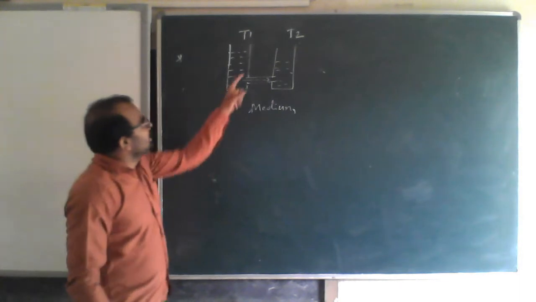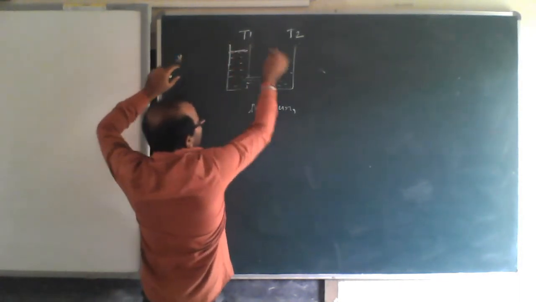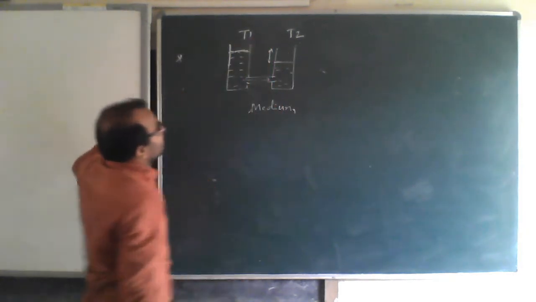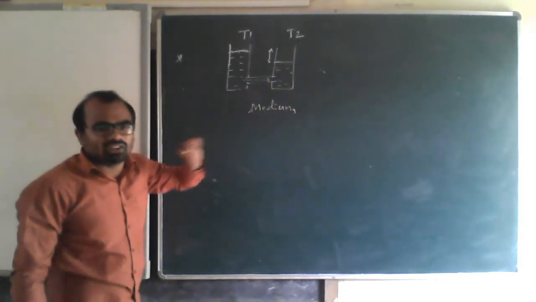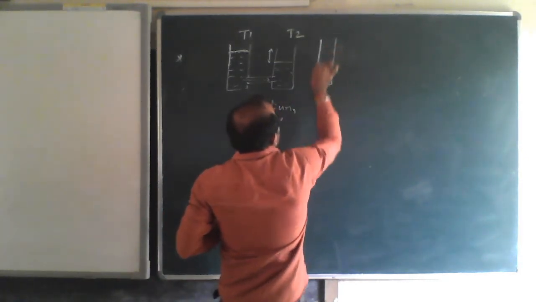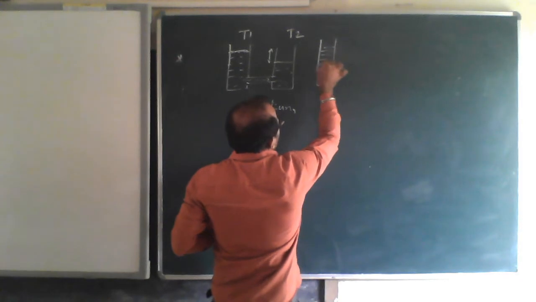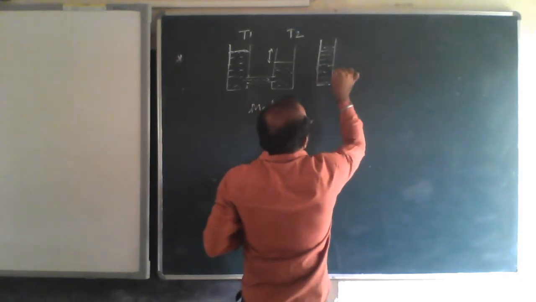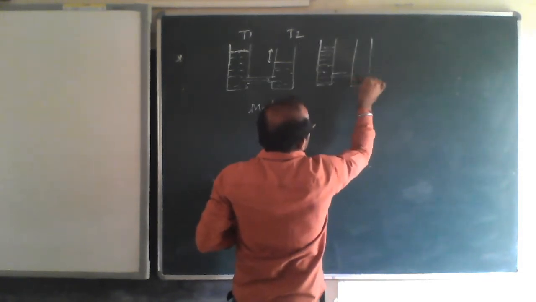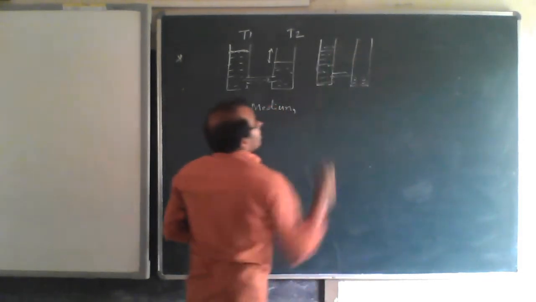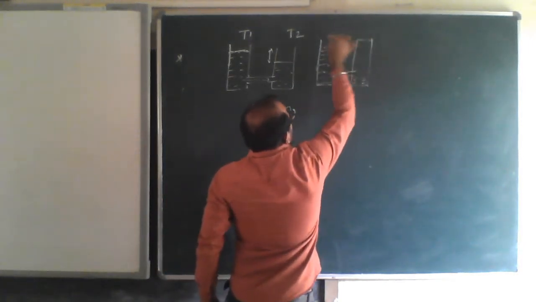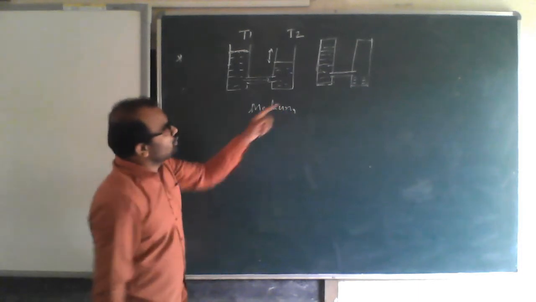Here the difference is less, only this much is the difference. That time the flow of water is medium. Suppose I increase the difference, suppose one is filled and another one is almost empty. So now the water will flow more, right? Do you agree?